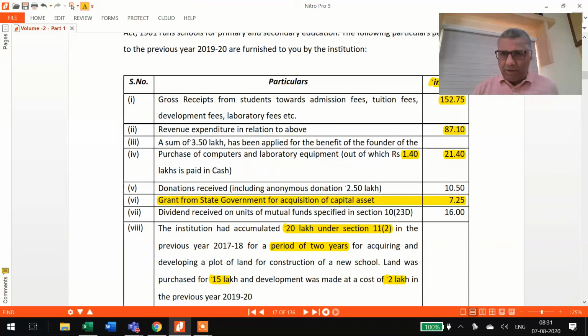But remember, if the grant is for a depreciable asset, then that should be reduced from the cost of the asset. Simple logic. You did not spend the entire 20 lakhs; 7.25 lakhs is sponsored by the government. So the balance can only be treated as purchase of lab equipment. Having all these things in your mind, let us go slow, but it is a very nice question.